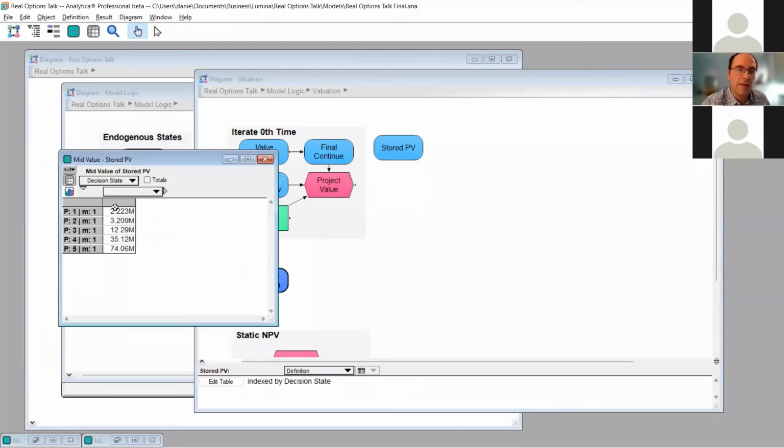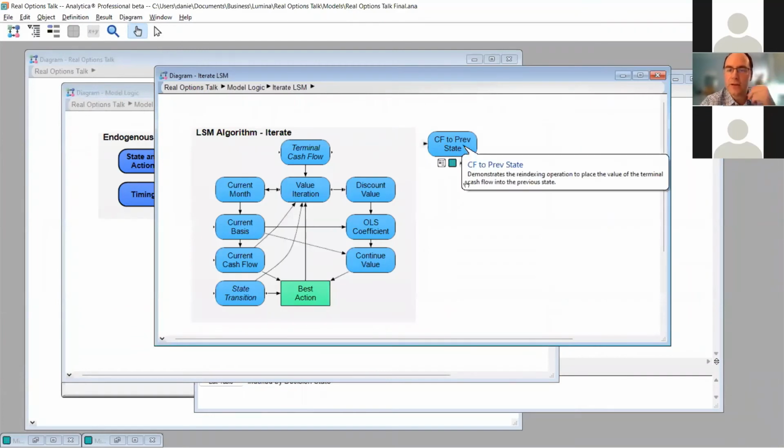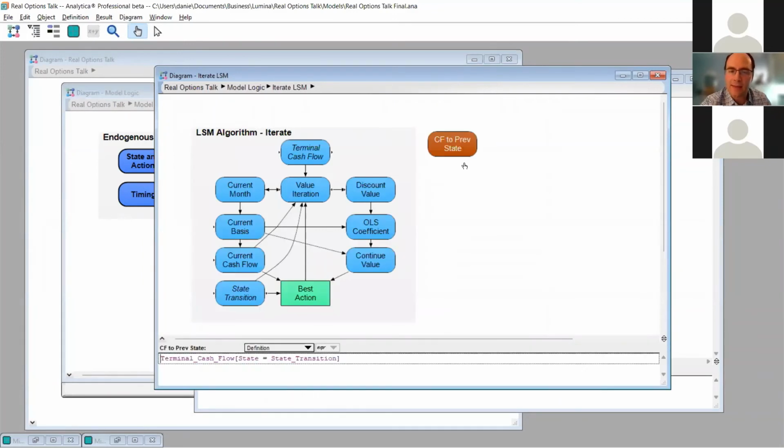So in this run of the model, I'll compare the value of the project versus the net present value. But the last thing, before I do that, that I wanted to touch on in the modeling is a trick I learned from one of the example models on an optimal path. You'll see that several times I use this state equals state transition.